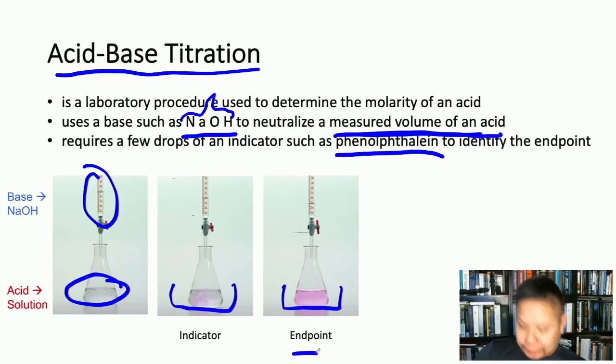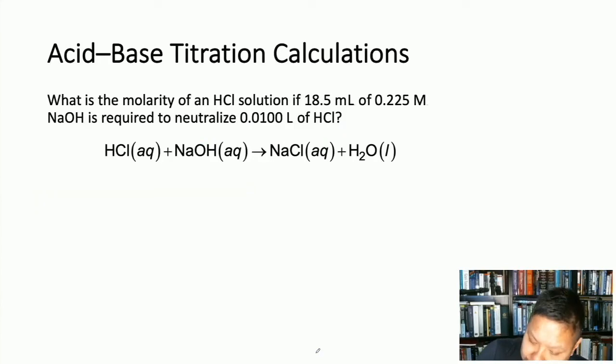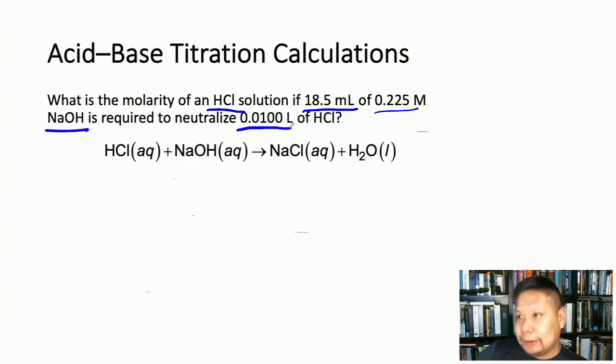So let's do a quick calculation of an unknown acid using titration. What is the molarity of hydrochloric acid if 18.5 mL of 2.55 molar sodium hydroxide was required to neutralize 0.01 liters of the hydrochloric acid? So notice the thing that's missing here is the molarity, the concentration of the acid.